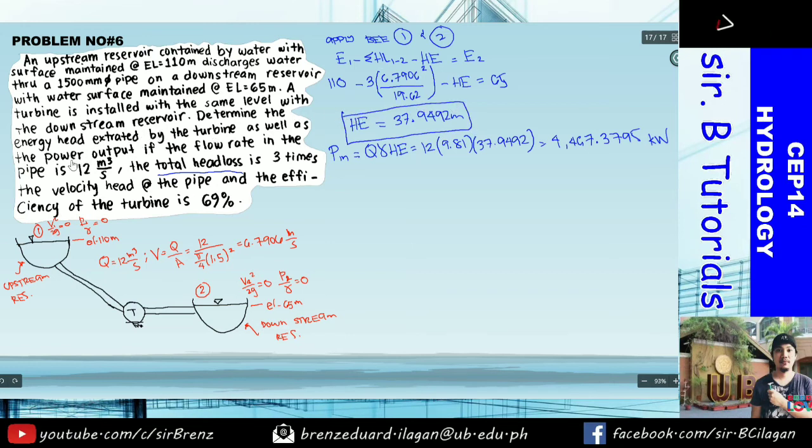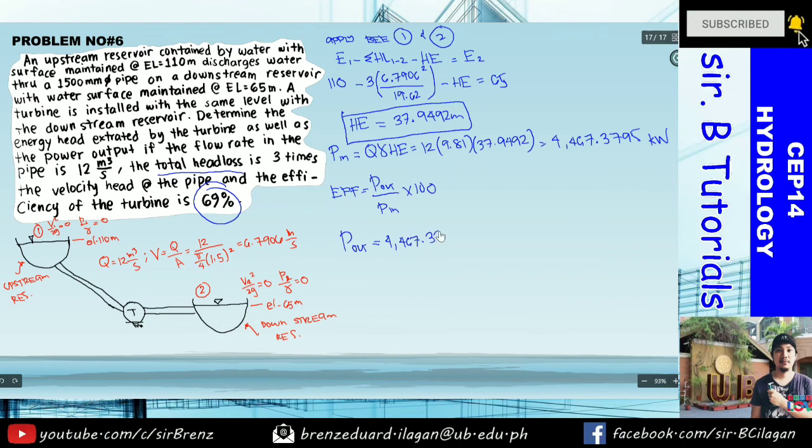And the output. Para makuha yung output, since given naman yung efficiency ng inyong turbine, the efficiency has an equation of P out over P in times 100. So to solve for P out, that is equal lang sa P in na 4,467.3795 multiplied by 69 over 100.